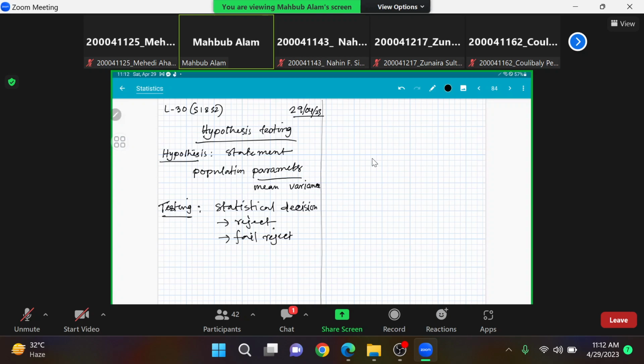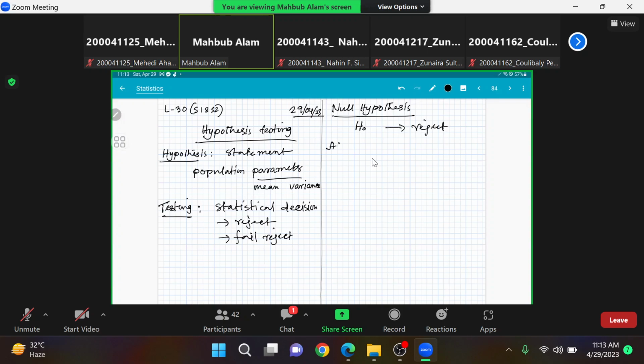In defining a hypothesis, we have two options. The actual statement that we want to prove is defined as the null hypothesis, denoted by H naught. Usually our goal is to reject the hypothesis, not accept it.